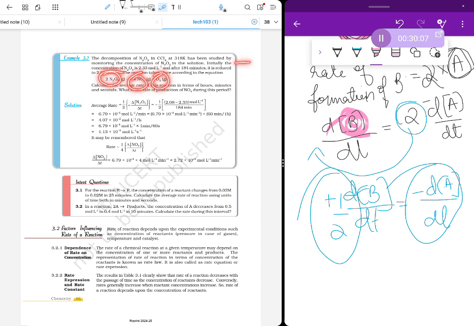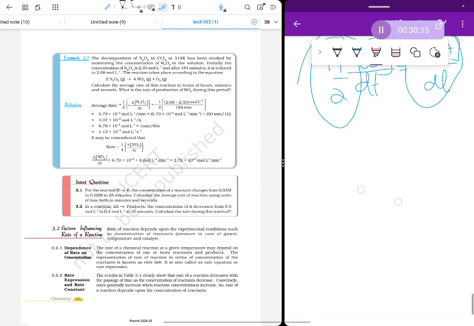Initially the concentration of N2O5 is 2.303 mole per liter. After 184 minutes, at time t, it has been reduced to 2.08. The reaction takes place according to the equation. Calculate the average rate of this reaction in terms of hours, minutes and seconds. What is the rate of production of NO2 during this process?